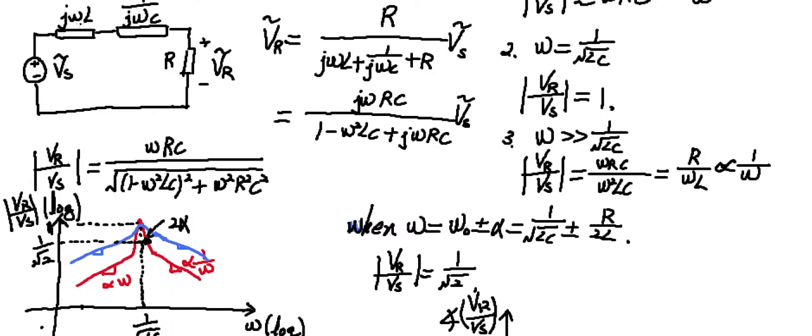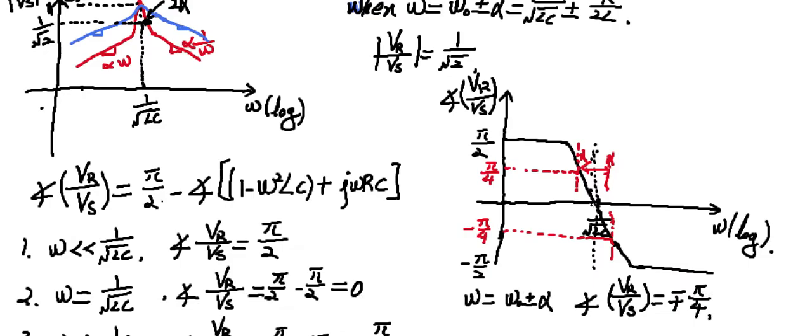Actually, you can verify in resonance, this j omega L is equal to minus 1 over j omega 0 C. So in resonance, actually, the impedance from the inductor is cancelled by the impedance from the capacitor. So after they are cancelled out with each other, it behaves like there is only this resistor in the whole circuit. So that's the reason why the output voltage is exactly the same as the input voltage in resonance. And also, the phase is 0.